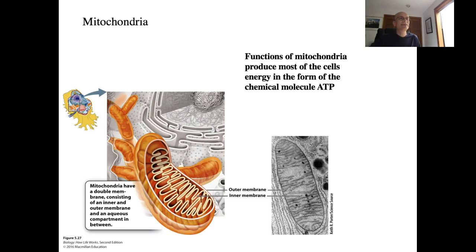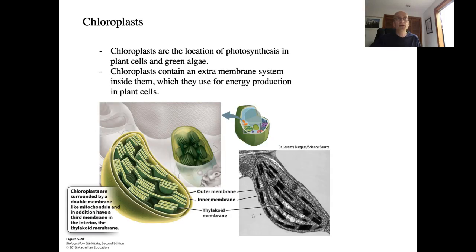All right, and then the last one that we want to discuss are the chloroplasts. Of course, chloroplasts are only in plants or in green algae. Chloroplasts are also bounded by a double membrane, each with a double layer, right? So each membrane is a double layer membrane, but there are two membranes surrounding the inside of the chloroplast.